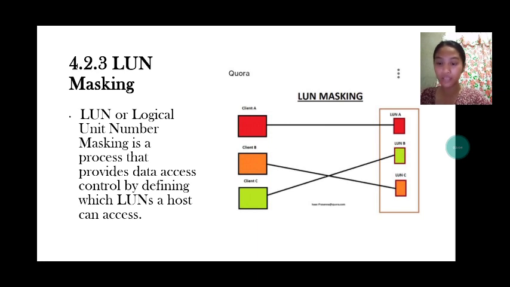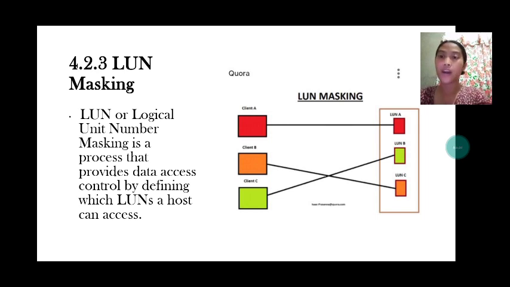With LUN masking, LUNs are accessible to the designated host. So as I've said, if you're under sales department, you can only access sales department LUNs or those data under the sales department only.